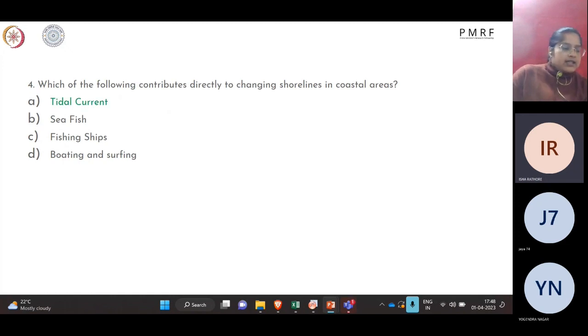Okay, so A is the correct answer. Tidal currents basically bring in the inflow of sediments and take some sediments out, and it directly affects the shorelines. So A is the correct answer.